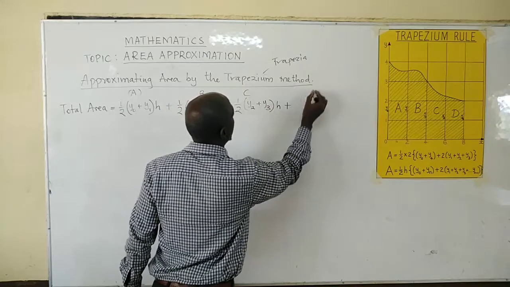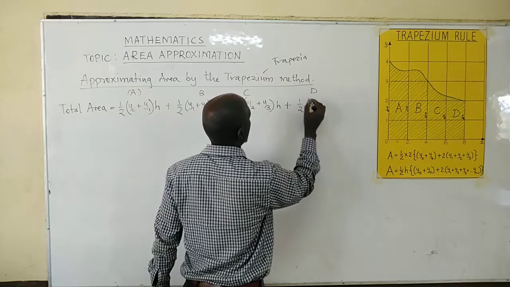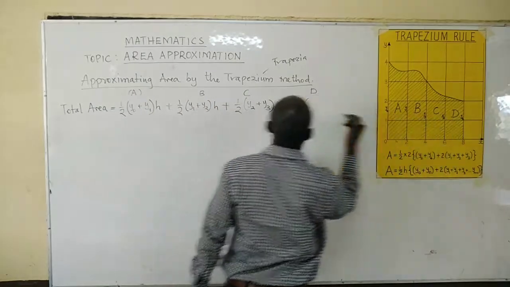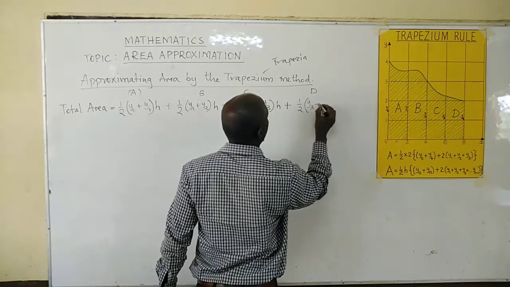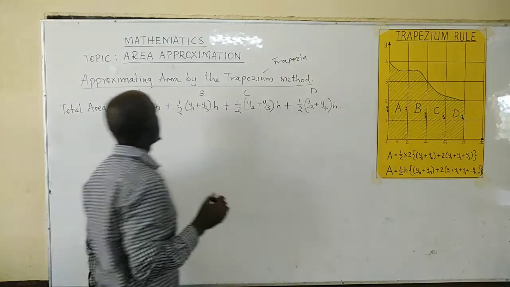Then the last one, D, will be a half, brackets, y3 plus y4, multiplied by h.